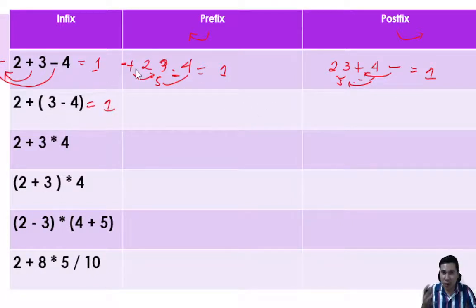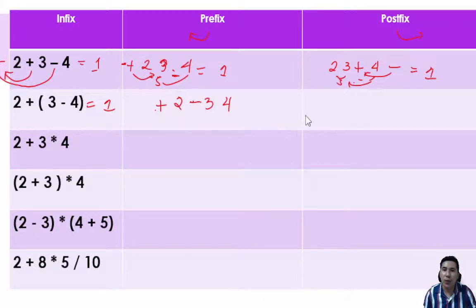But in terms of prefix, this would be like this. You write 3 and 4 first, so minus 3 and 4, and then 2 plus. So that is your prefix expression.